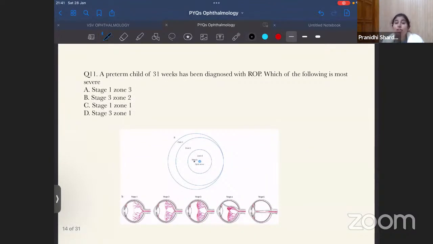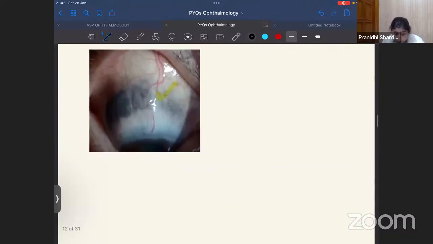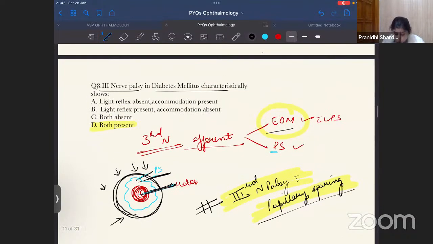Diabetes, very, very important question. I hope you are jotting down the important topics, because you have to study the whole topic, not just the question. If the question is PRP, you have to study diabetes also. You have to study the etiopathogenesis and staging of diabetes. You have to study everything. In this question, you have to study all the abnormal pupillary reactions: Marcus Gunn pupil, Argyll Robertson pupil, Holmes-Adie pupil. You also have to study scleritis, necrotizing scleritis, non-necrotizing scleritis, and episcleritis. These are just some of the important topics. I hope you are jotting them down.